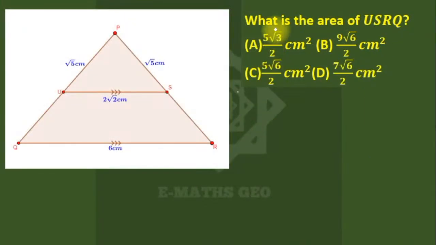What's the area of USRQ? Okay, this is a quadrilateral, but I'm seeing two triangles there, so I'll use the ratio of areas of similar triangles.